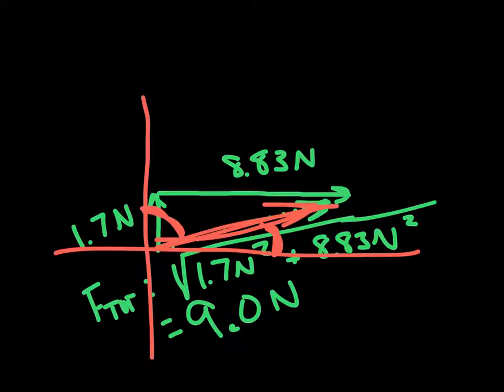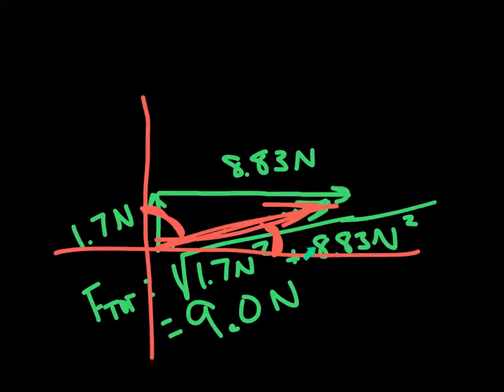The beauty of maybe choosing this angle here, which you're going to say it's let's say 85 degrees east of the north axis, is you already have the adjacent leg and you already have the opposite leg. If you're going to do this angle here, take this vector and physically move it over here. It does the same thing. In this case, the opposite would be 1.7, and the adjacent would be this vector over here moved down here.